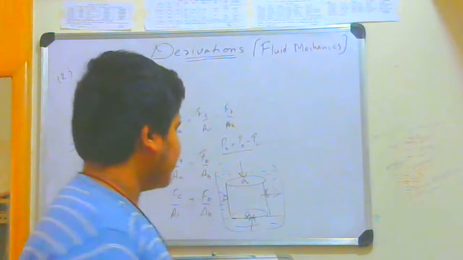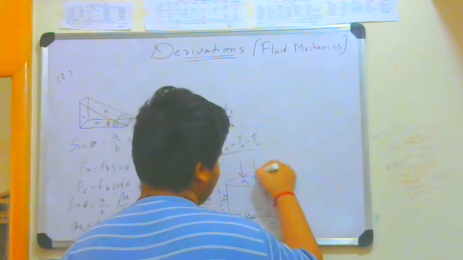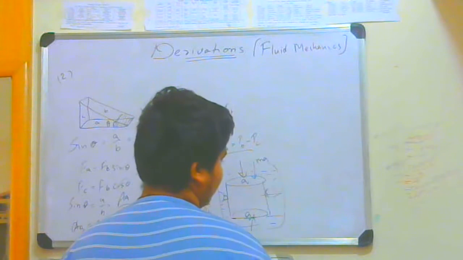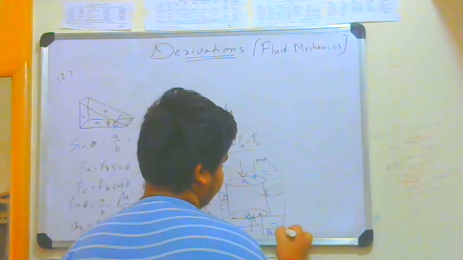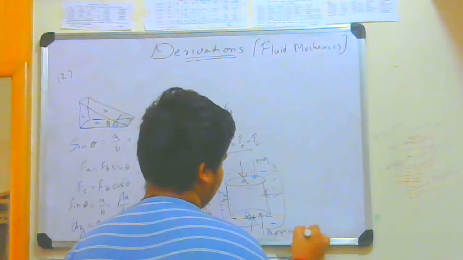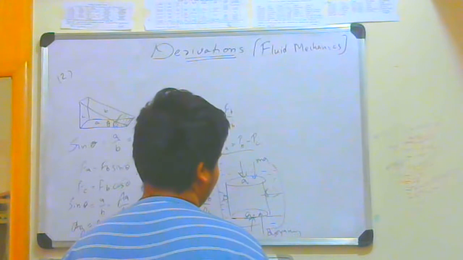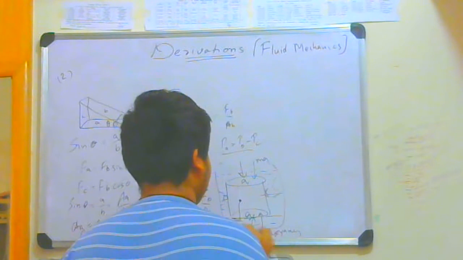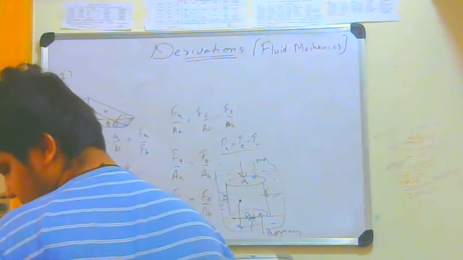So what are the varying forces? So the varying forces are mg acting downwards on this area, okay, and buoyancy acting upwards on this area, sideways में तो balance हो जाएगा, and the weight of the body itself acting, atmospheric pressure here.